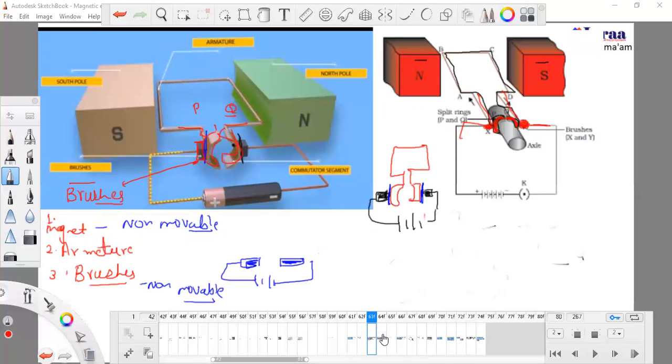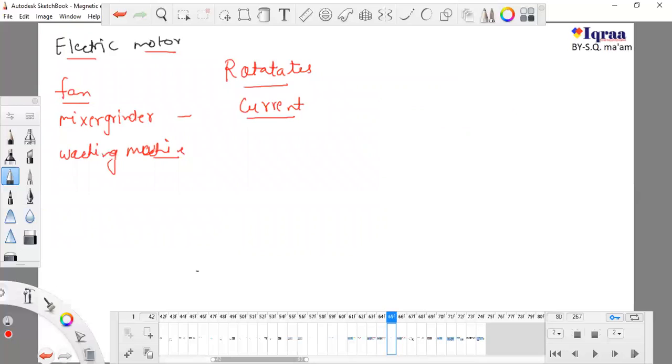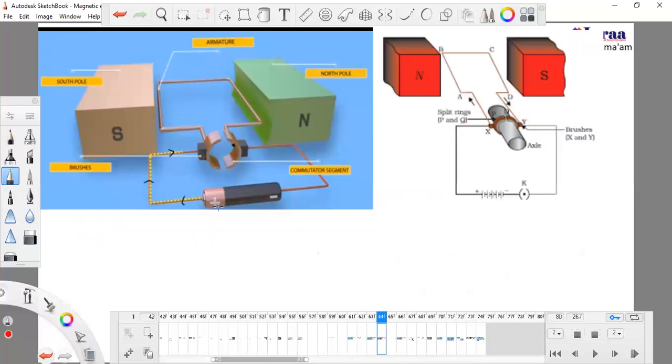So the real structure is like this. As we apply current, this is positive and this is negative, so the current will flow, and as the current flows, the armature will rotate. What is the armature? This is only the copper part. You can easily see the copper color.